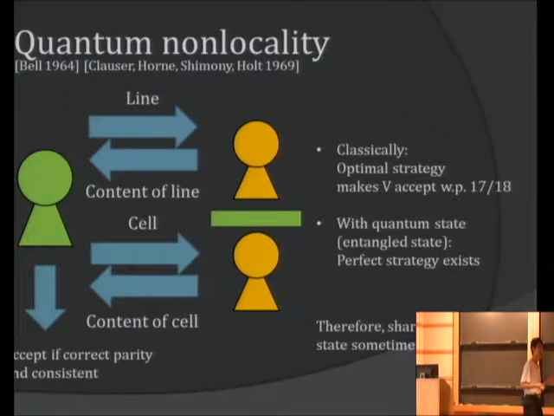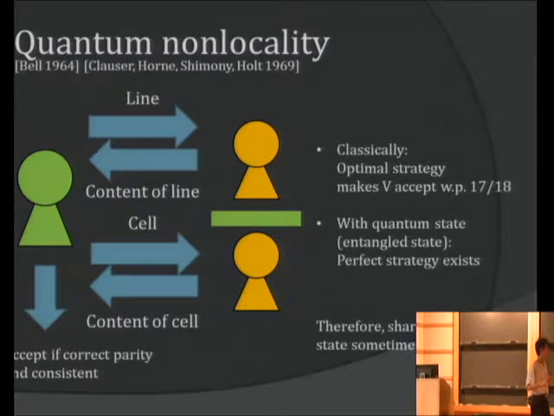So if, for example, you choose one of the 18 possibilities with equal probability, the optimal strategy makes the verifier accept with probability 17 over 18. At least in one case, you catch the cheating.